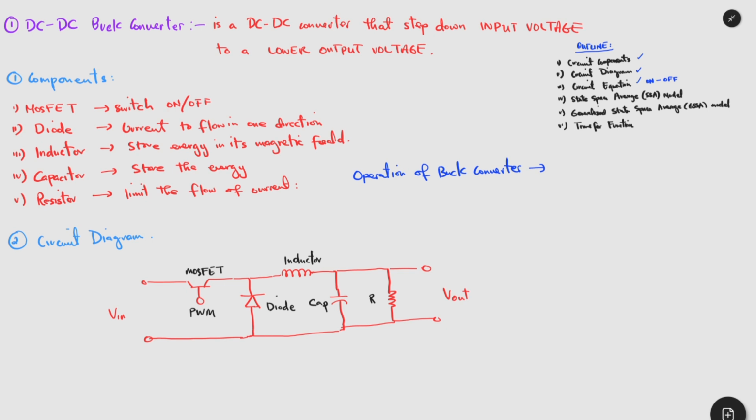And in this video, we are going to look at how this DC to DC converter operates in a continuous conduction mode, and sometimes they call it the CCM. So we can say in the continuous conduction mode, what really happened?